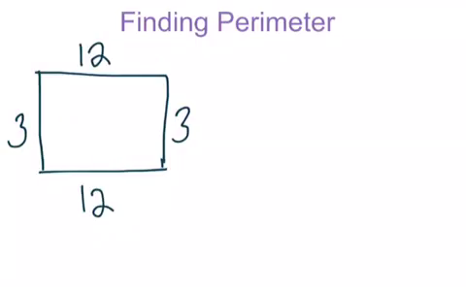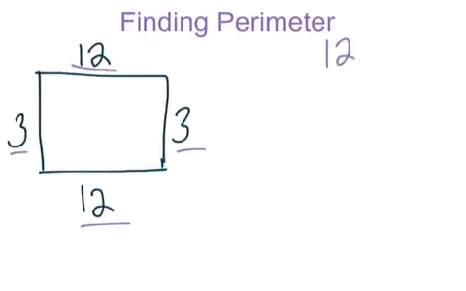Okay, so let's start with this shape. So we have a rectangle, and obviously it's not to scale. We know that one side is 12, the other side is 12, one side is 3, and one side is 3. We need to figure out how much of a fence or what the perimeter would be of this shape. The way we're going to do that is add up the sides.